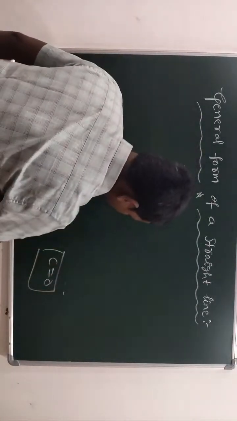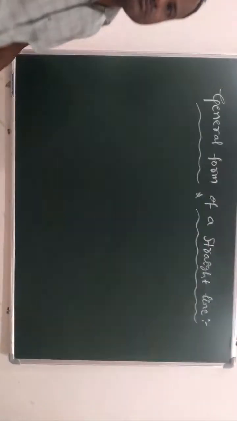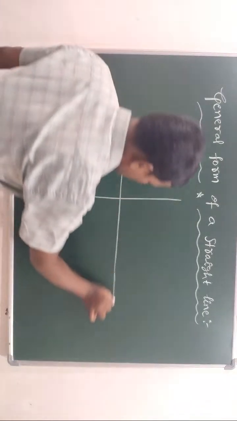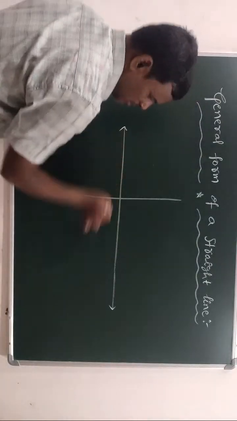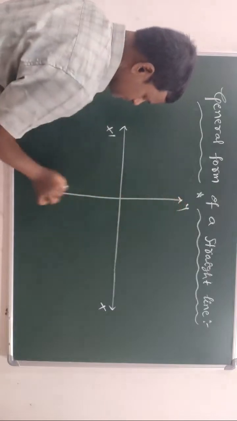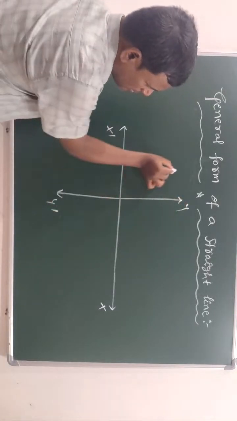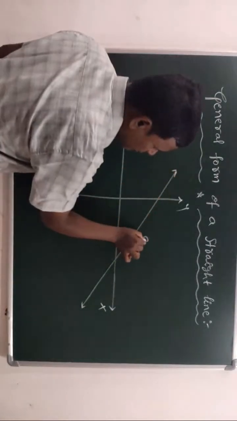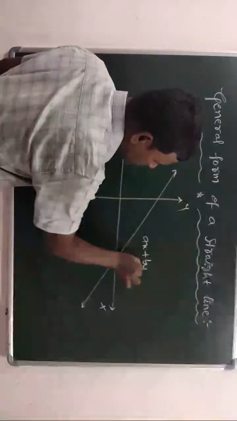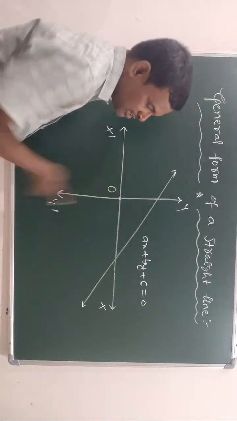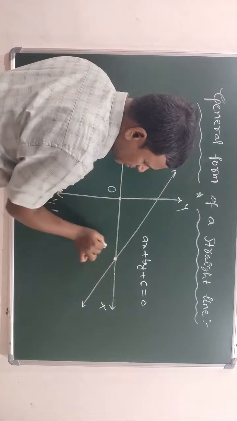And see, I am drawing a line like this. Now let us name the equation of this line as ax plus by plus c equal to 0. You know this is the origin. This line is intersecting the x-axis at one point.